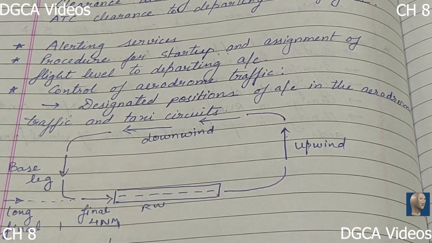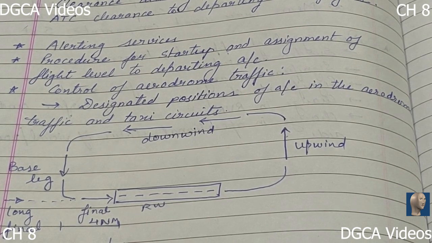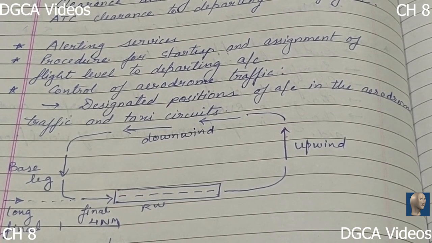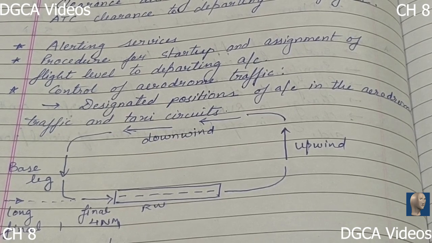Similarly, if you take other examples, adequate sequence of departures has to be provided. In case of an emergency flight, they have to be given priority as compared to the other flights in the lineup.